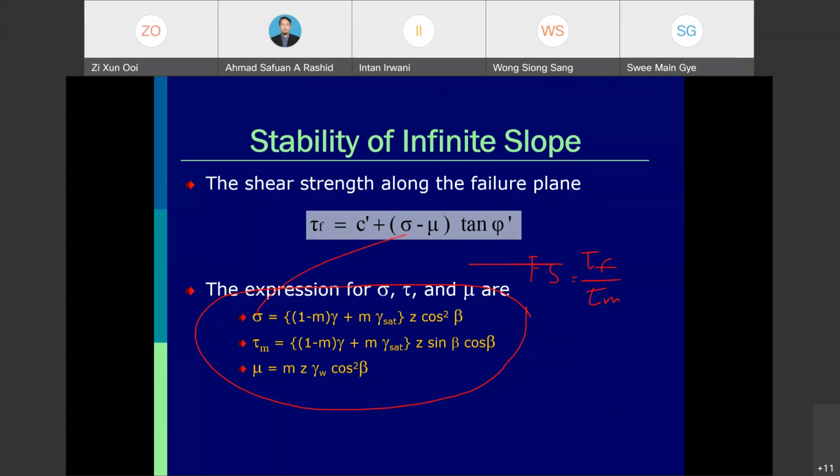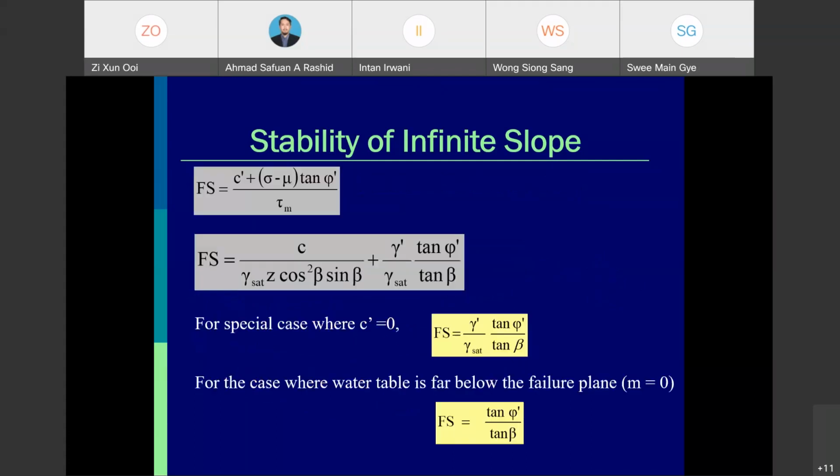So sigma we put here, and also this is nu, so nu is included here, while this is for tau M. We calculate first the sigma and nu and get the tau F, and then we determine tau M, and then we obtain the factor of safety. So this is based on Dr. Noli's approach.